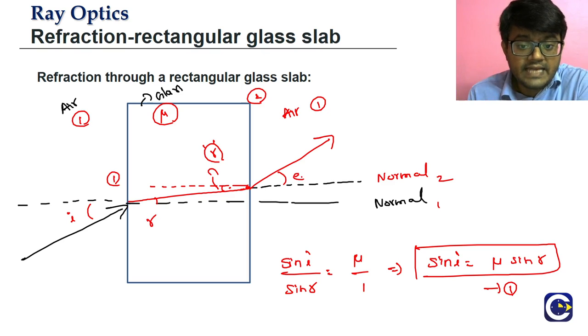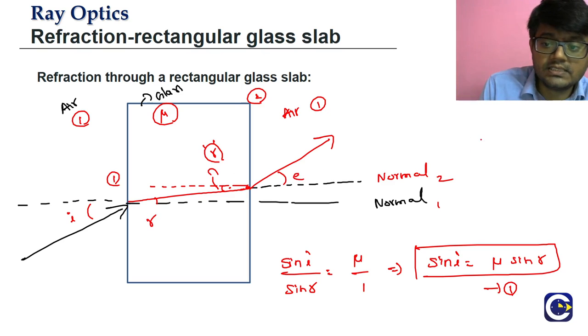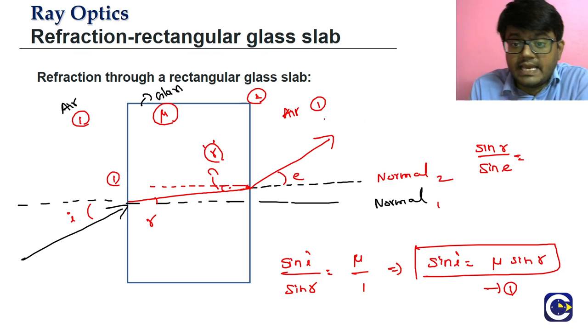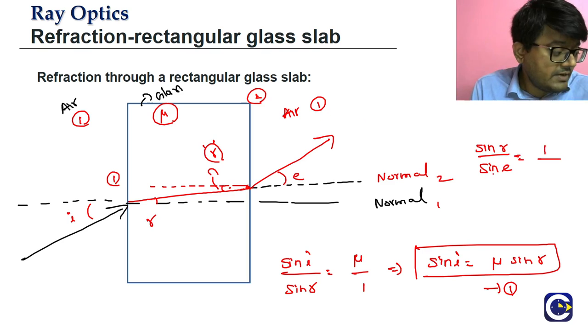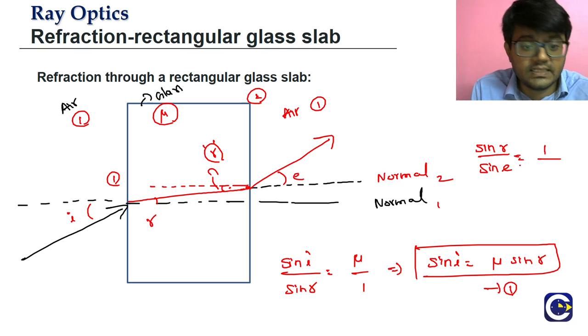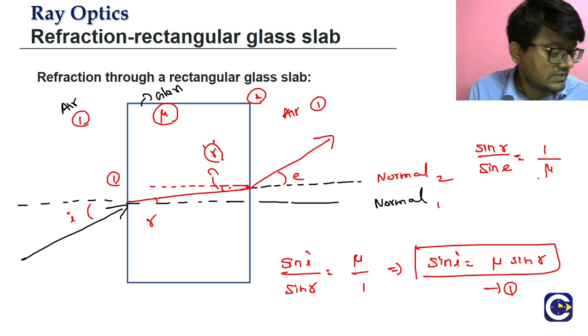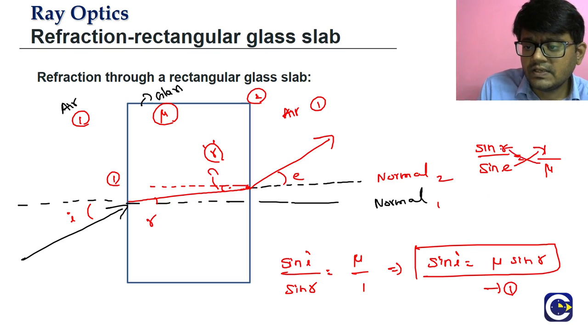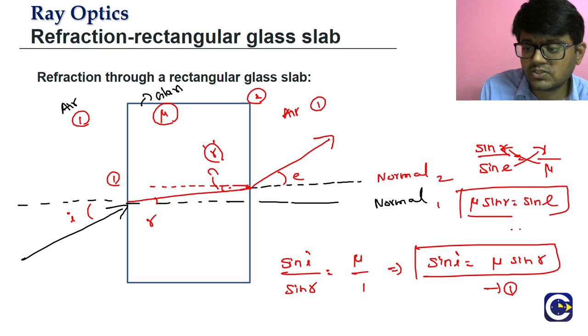The refracted angle is E. So look at this Snell's law: sin R by sin E is equal to, here the second medium is air, 1, divided by the first medium, which is the glass, mu. If you rearrange them, bringing mu to the left side, mu times sin R is equal to sin E. Let us call it expression 2.